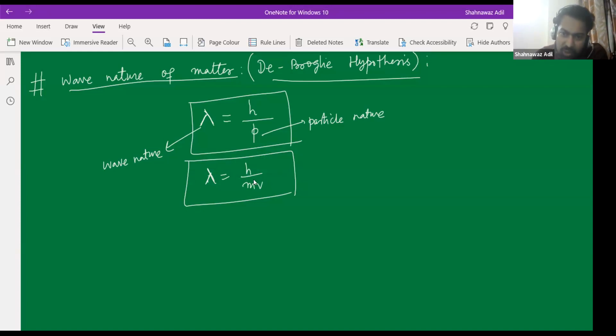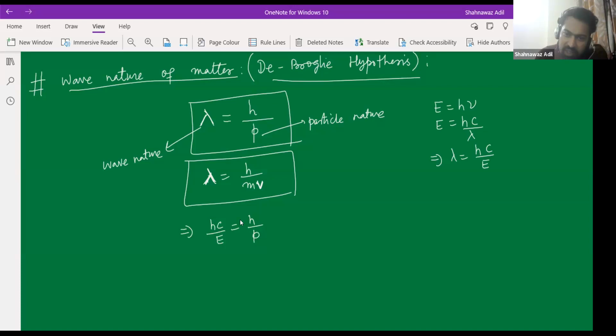So this lambda, we can write it in terms of what? We know that E is h nu, or we also know that this is hc by lambda. So we can write this lambda as hc by E. So hc by E, this is h by p.